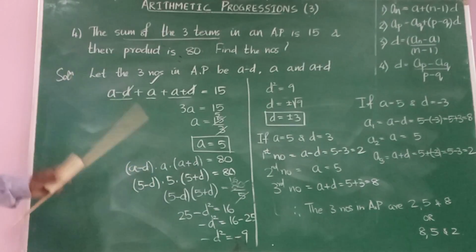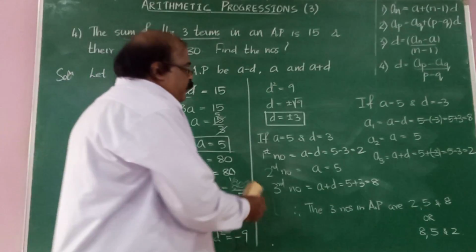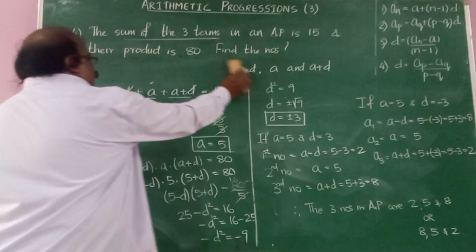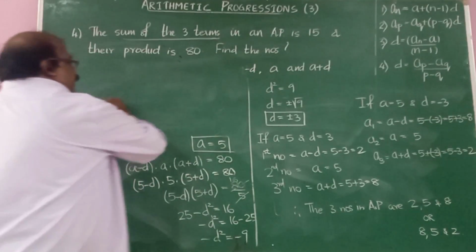a 4-mark question. Remember, whenever you get 3 numbers in arithmetic progression, what should I assume those 3 numbers to be?